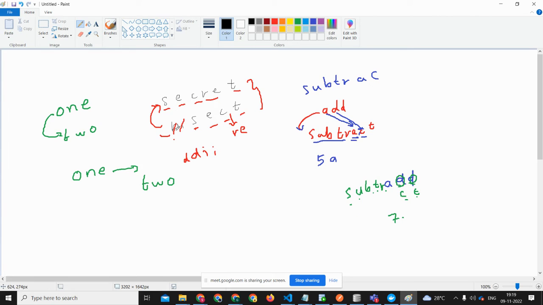How do you convert one to two? You can do three different types of operations. One is insert. Second is delete. And third is substitute.